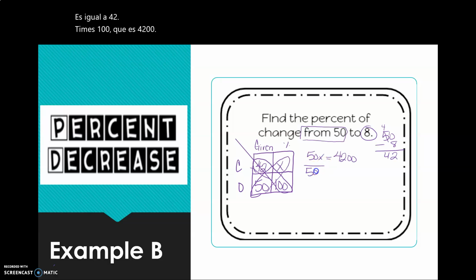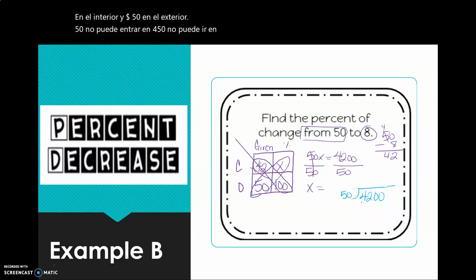We're going to divide by 50 on both sides. This cancels. And we're going to figure out what our X value is. So I'm going to set up my division. 4,200 goes on the inside and 50 goes on the outside. So 50 cannot go into 4. 50 cannot go into 42. But 50 can go into 420 8 times.